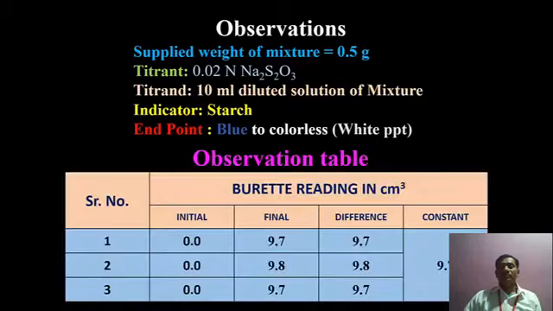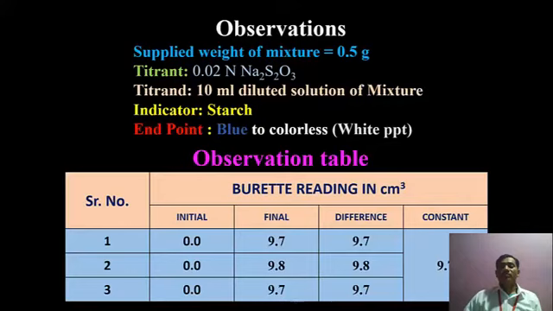Observation table. In the observation table you can see the serial number 1, 2 and 3, and burette reading in cm cube, where initial burette reading, final burette reading, difference and the constant, all these are in centimeter cube. The first reading having initial 0.0, then finally 9.7, so the difference is 9.7. Similarly, for the second reading, initially 0.0, finally we obtain 9.8.